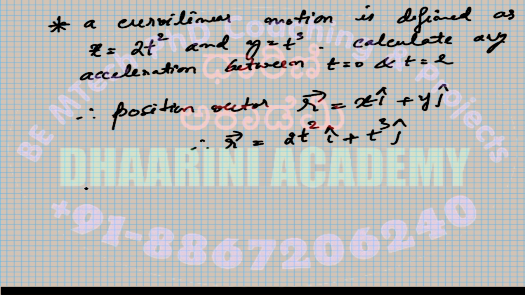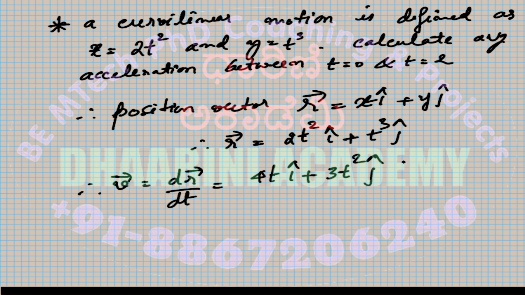Right, now how do you find the velocity? The velocity is simply dr by dt. So differentiate this r with respect to time. So 2t square has a differentiation 4t. 4t into i cap plus this is 3t square into j cap. That is the differentiation. Okay, v is equal to dr by dt.